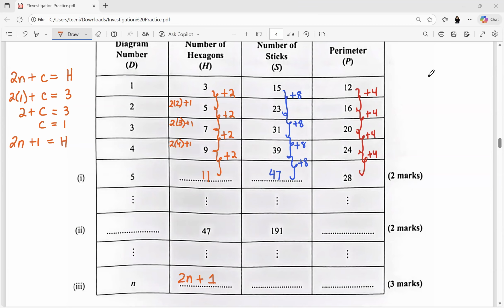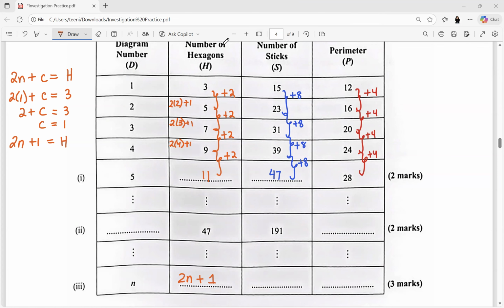Kaylin, what about if the diagram number was 35? How many hexagons will I have? Okay, first it would be 2 times 35 plus 1, and that's 71. Correct.